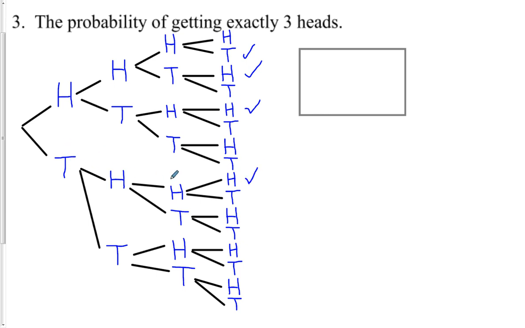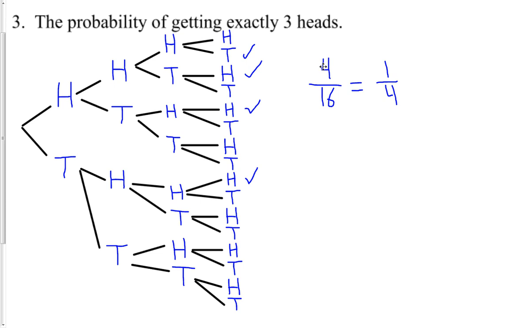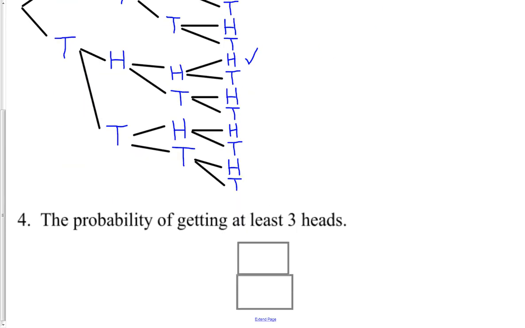The rest of them are only going to have 2 or less, going through the trees. And so we have 1, 2, 3, 4 options out of the 16. So the probability is 4 over 16, which simplifies to 1/4.